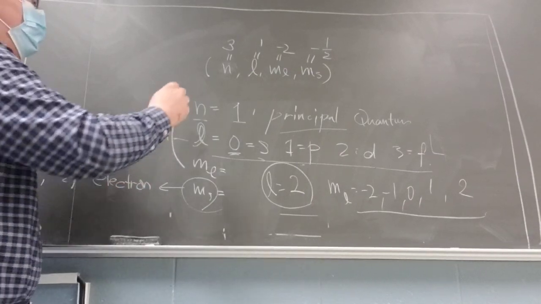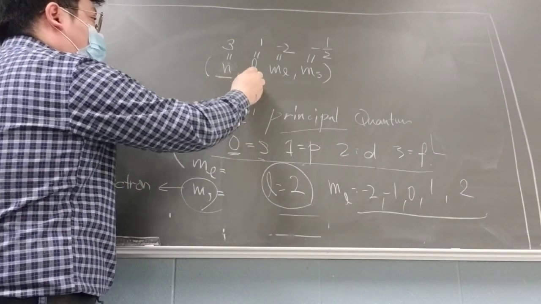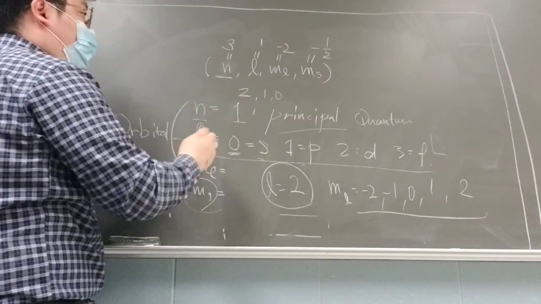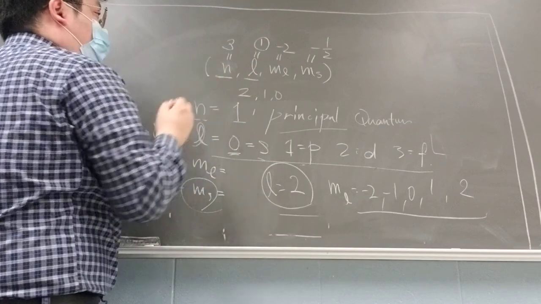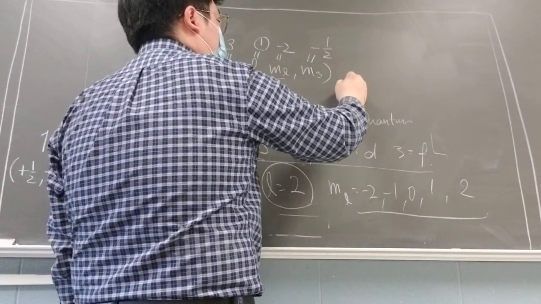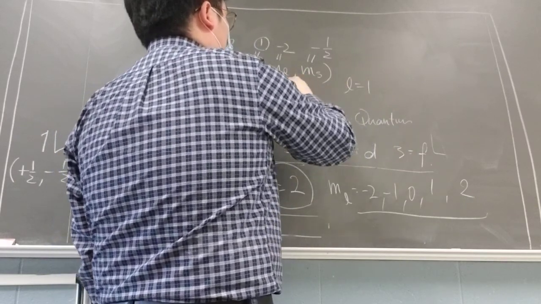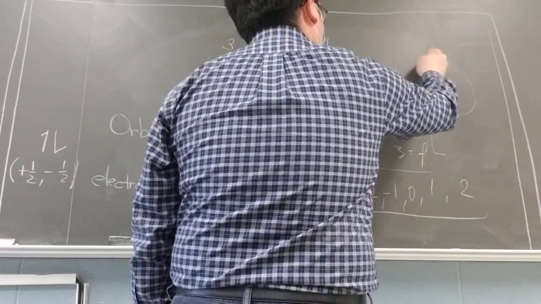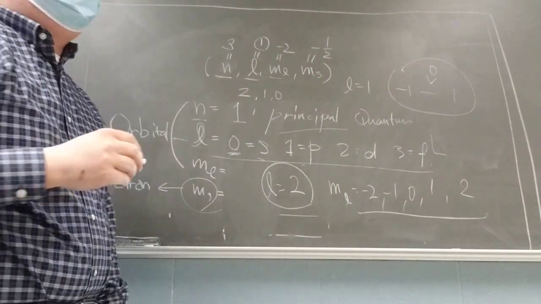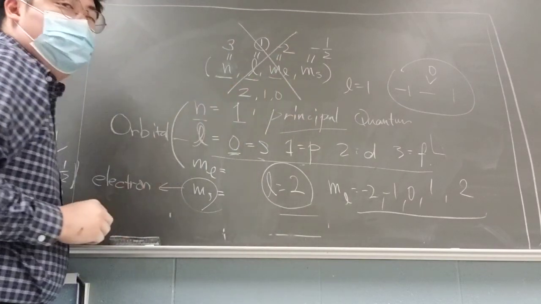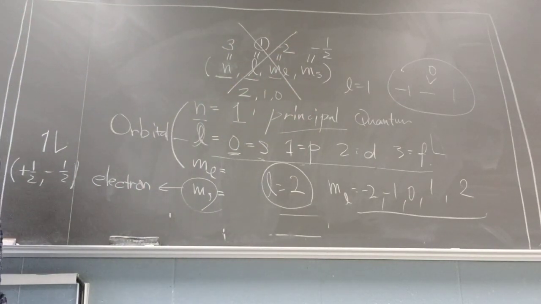So n is 3, so L can be either 2, 1, or 0. There is a 1, so that's okay. But for ML, L is 1, so the ML choice can be -1 to 1, including 0. But you have a -2. So that means this quantum number combination is false. It doesn't work because it's outside of your possible combination.